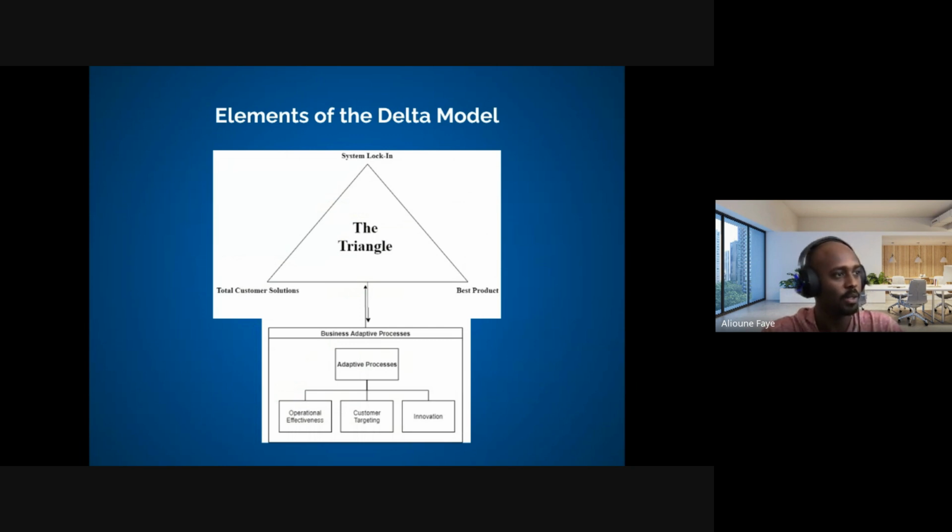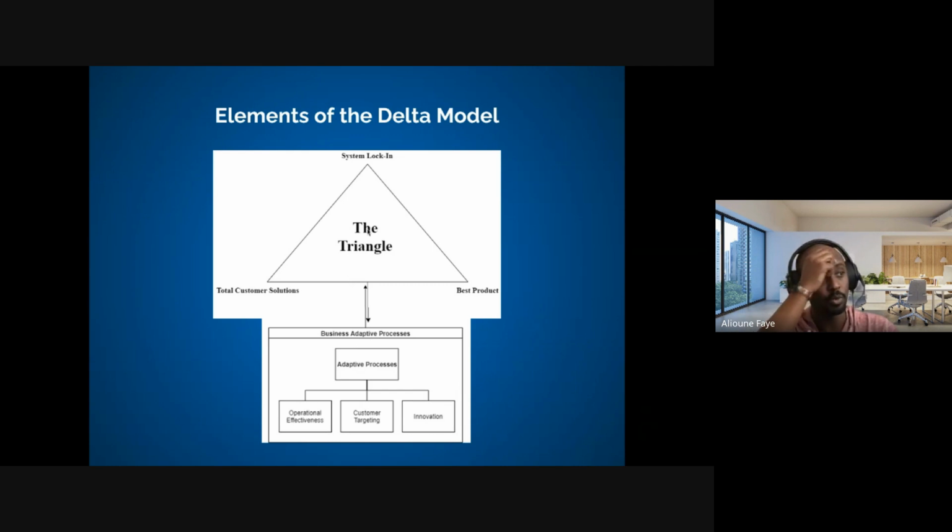These are the elements of the Delta model, and as I mentioned before, after you have the system lock-in, total customer solution, and best product, these are ideas for now when you take a look at this, but this is how it translates into your operations management strategy, right?